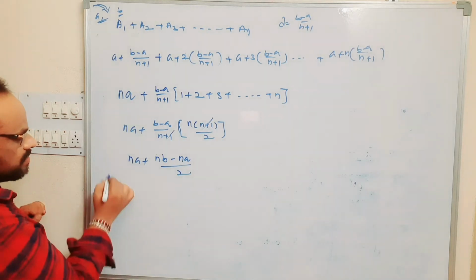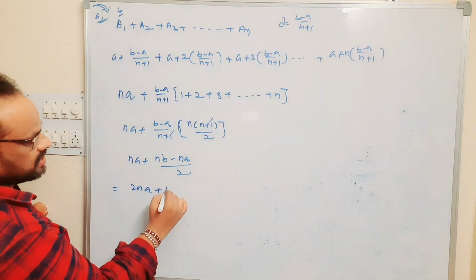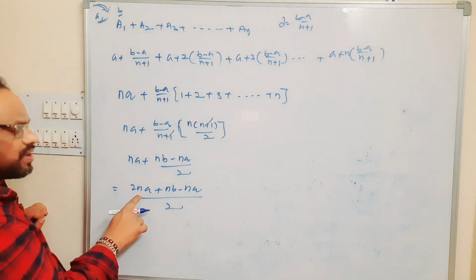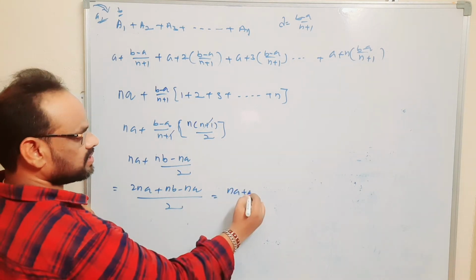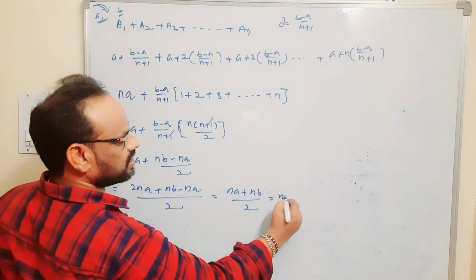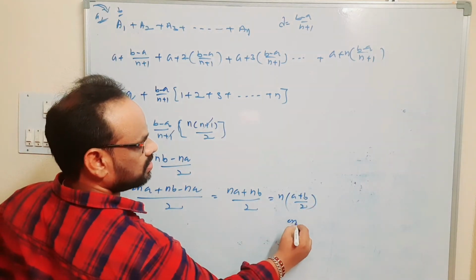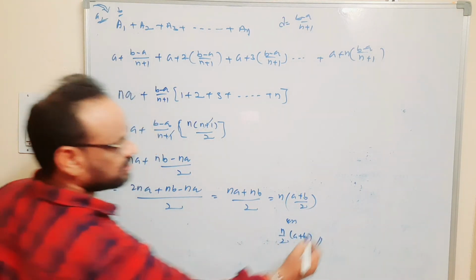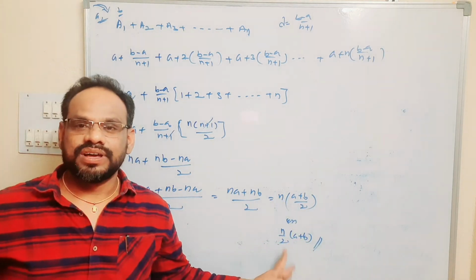If you do LCM, that is equal to (2na plus nb minus na) by 2. 2na minus na is na, so na plus nb by 2. Take n as common, that is equal to n into (a plus b) by 2, or n by 2 into (a plus b).